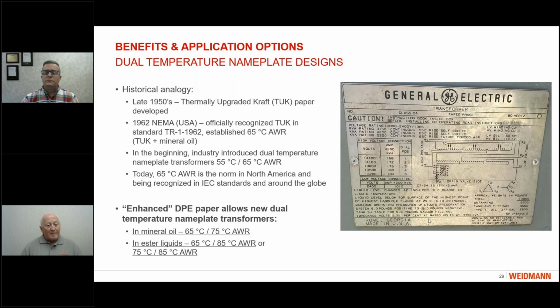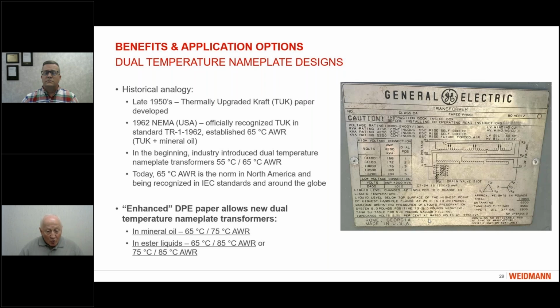And when this new thermally upgraded paper started to be used in the industry, very often it was used in dual temperature or dual rating transformers, as 55/65 dual temperature rating transformers. On the right-hand picture, you see the nameplate of an old transformer.